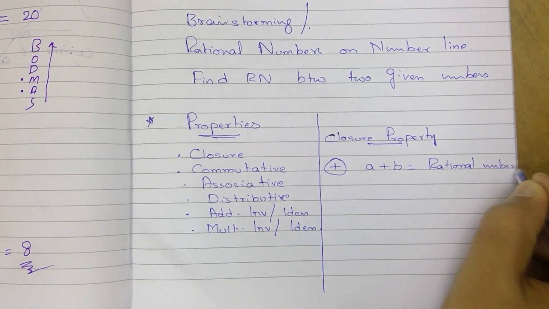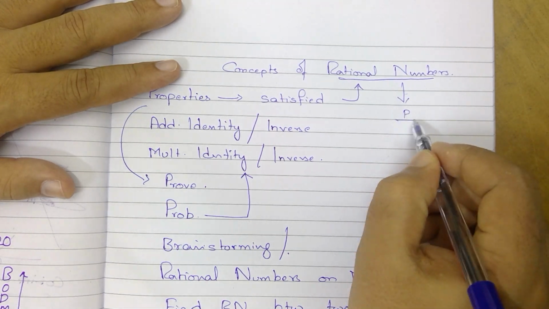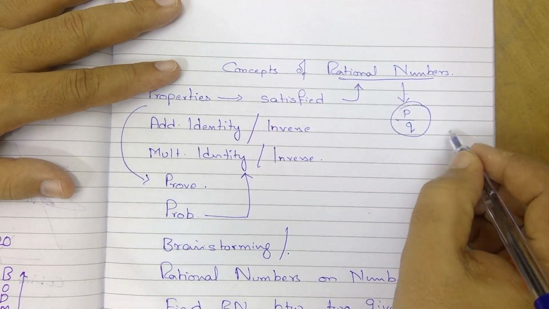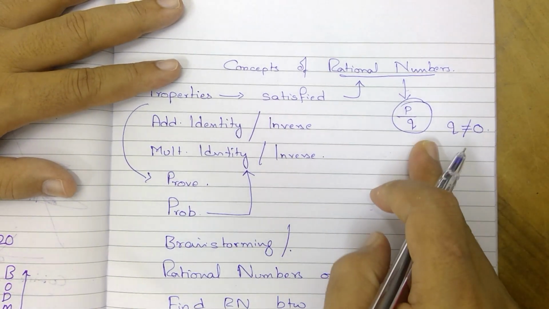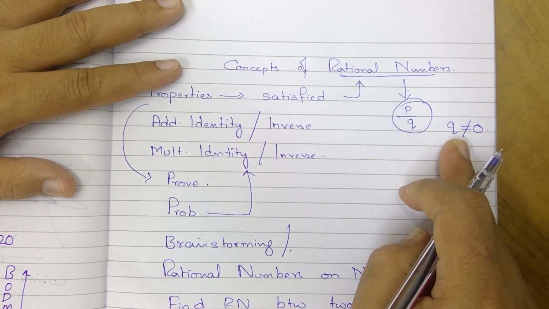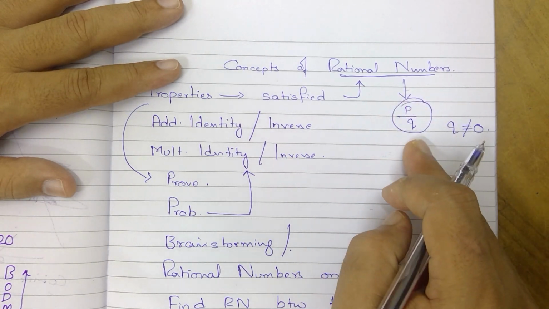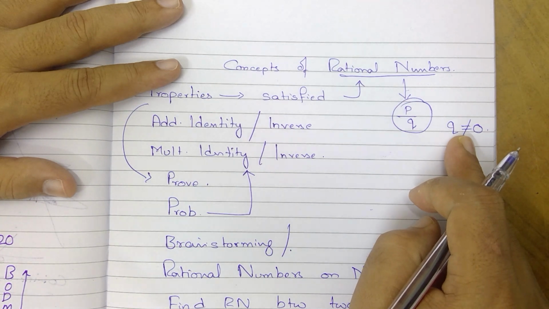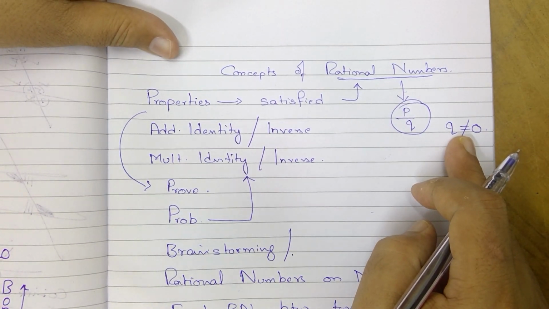A rational number is the number which we can represent as p by q form, where q is not equal to 0. So that means any fraction, p and q belong to integers. That means it can be positive as well as negative, but denominator should not be equal to 0. That is the only condition we have.